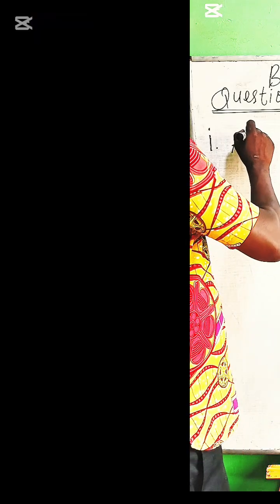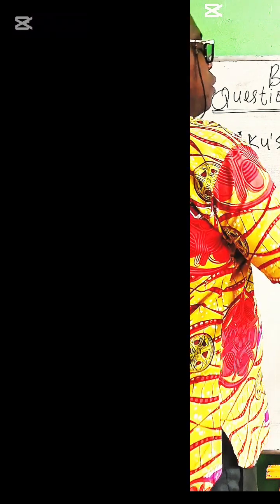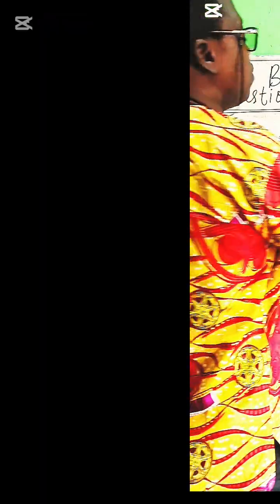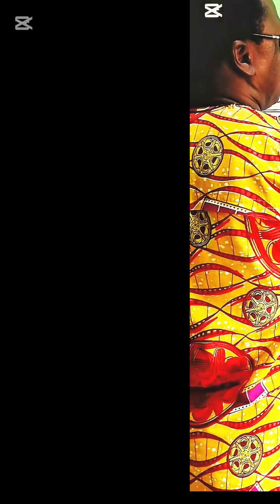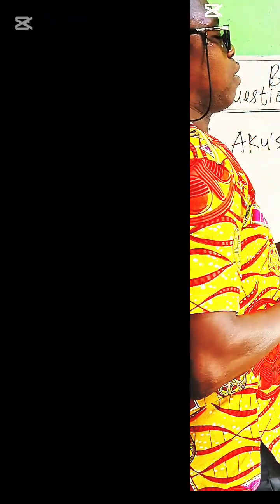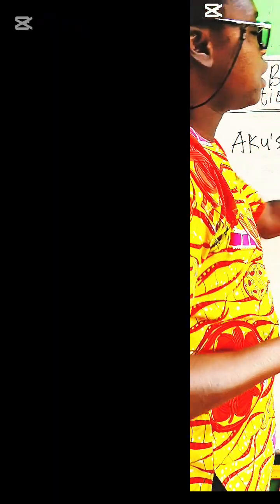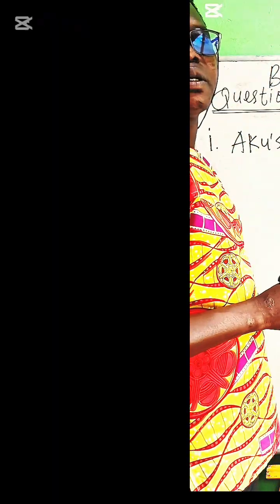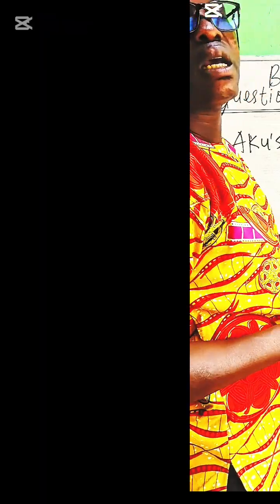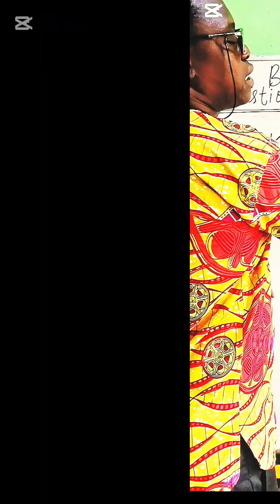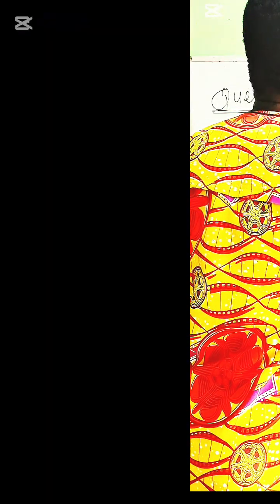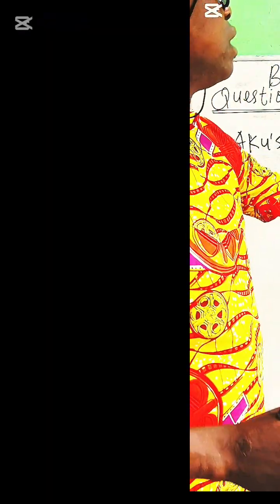So Aku's income will be equal to Aku's monthly amount, 5,000, multiplied by 12. I want to make it so simple because this is BECE. They are not supposed to use calculators, so I have to find a way of writing this to make the calculation simple. So 5,000 times 10 plus 2. Yes, 10 plus 2 is the same as 12.